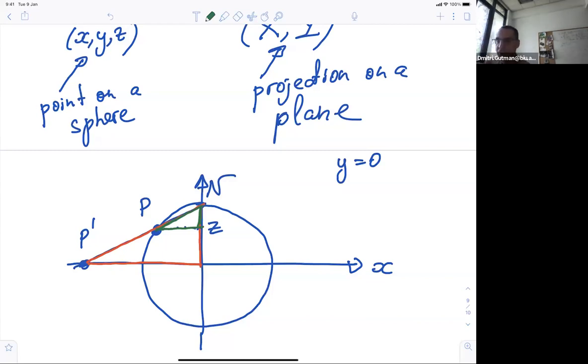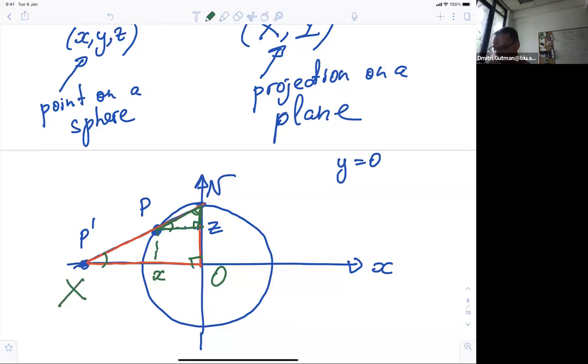You can probably see from this drawing that these triangles have identical angles. This angle is a common angle, and this is 90 degrees. Let me call this point O. This point has a coordinate x. This point has a coordinate X large.